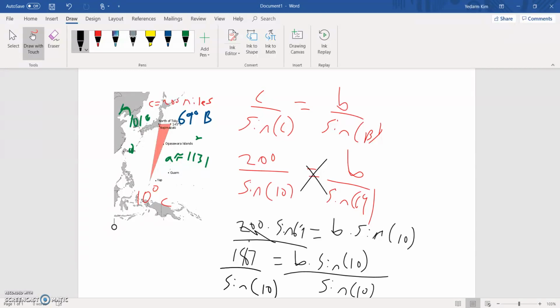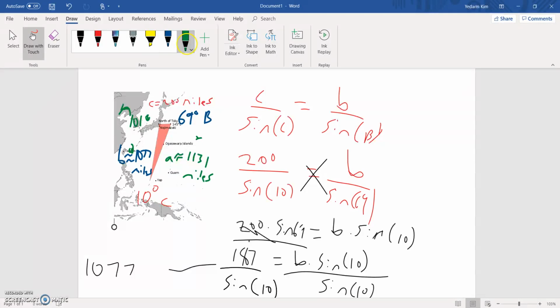And once you plug that into the calculator, let's see, 187 divided by sine of 10, you get roughly around 1077, and that'll be your missing side for B. So B is roughly equivalent to 1077 miles, and right here miles also.